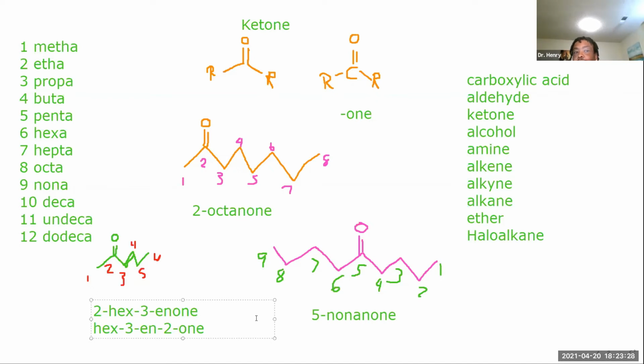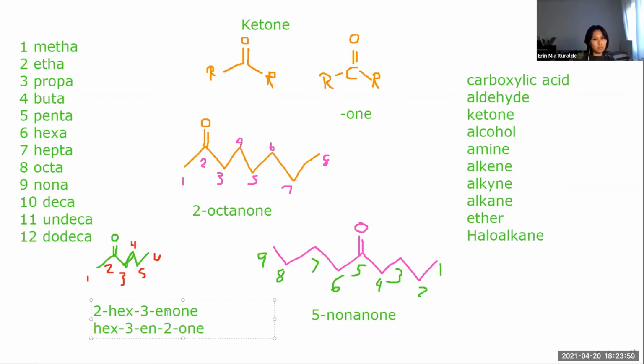Okay, ready for your next one? Yeah, a new one besides ketone. Okay, let's go. Oh wait, Brianna pointed out something in the chat. I think you forgot to replace the E in the double bond. It's 3-en and then 2-one, as opposed to the 3-enone.